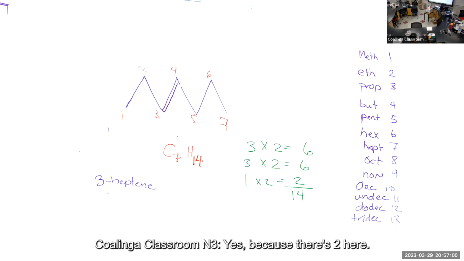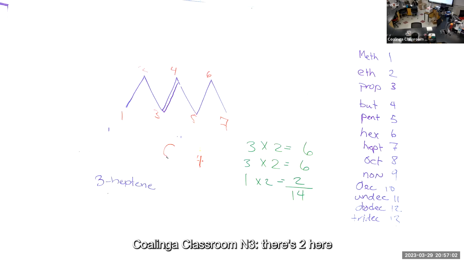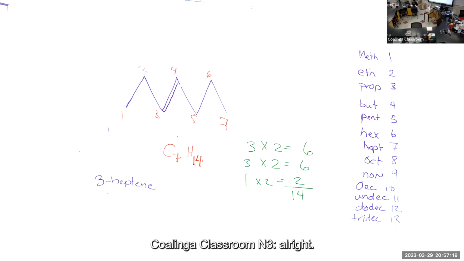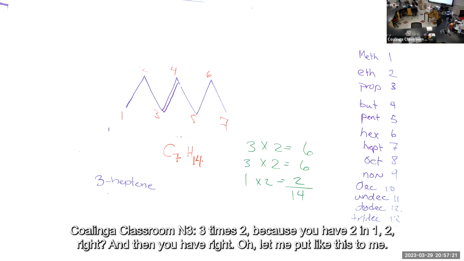Yes, because there's 2 here, 2 here, and 2 here. And for the first one, the ends, remember, there's 3 at each end, 3 here and 3 here. So that's 3 times 2 because you have 2 ends.